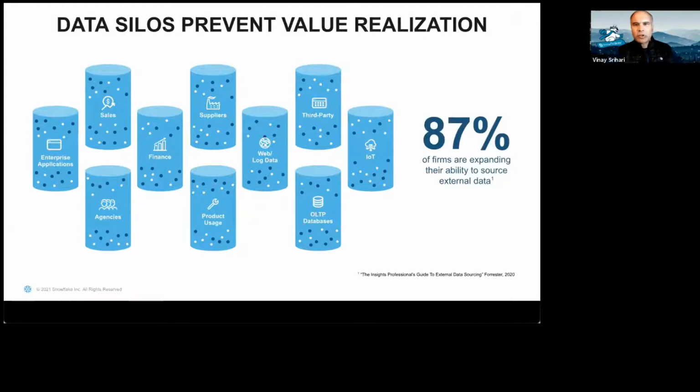But what's really happening is that the data is simply getting siloed across different environments. With the cloud, those silos are just shifting to the cloud, so the public cloud is not really solving that problem. And of course, we have all kinds of data, from weblog data to IoT to standard enterprise apps and finance. That's not going away.